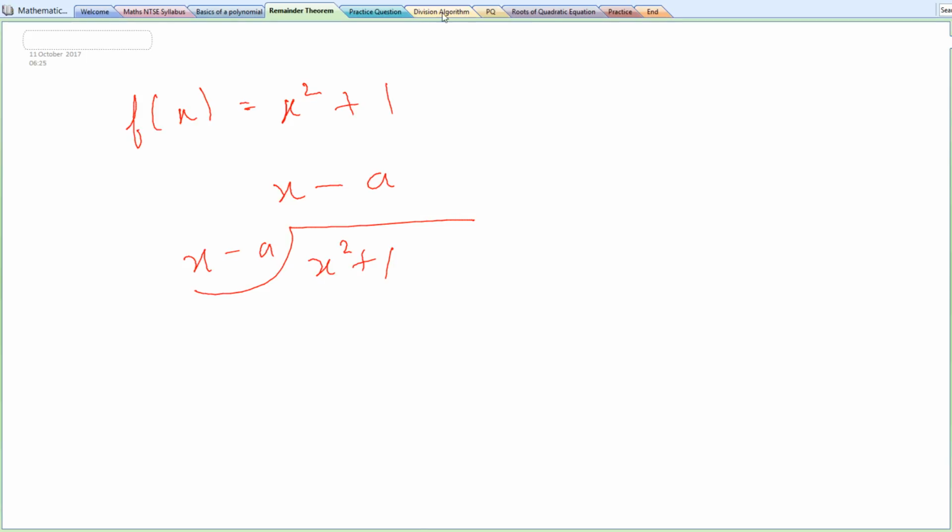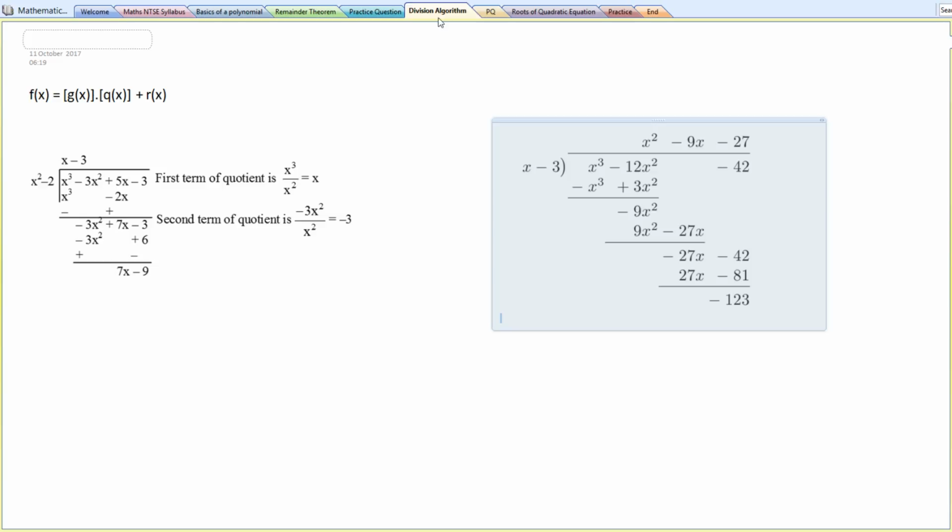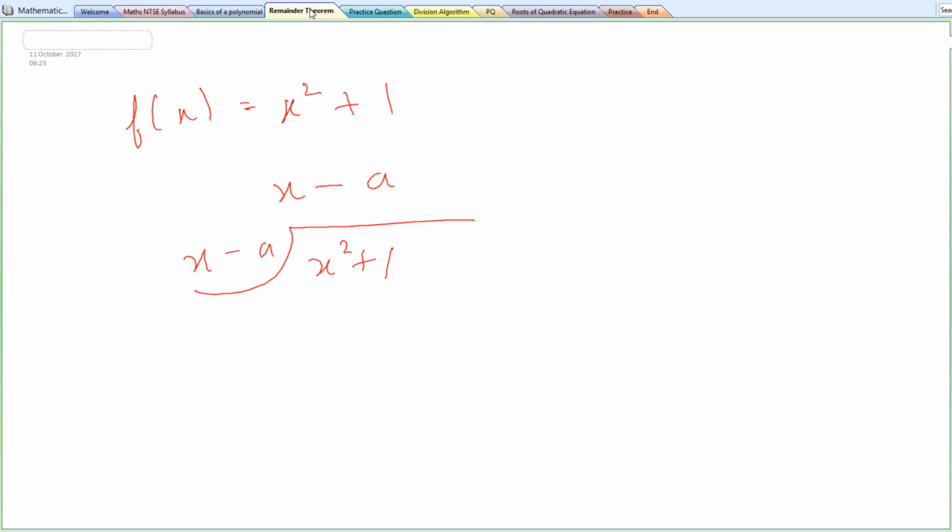Now there are two ways to do it. Either we do it with the help of the division algorithm, which we'll get to in a minute, but you guys already know pretty much all about it. Or there is another way.